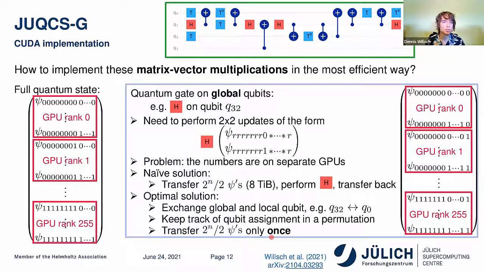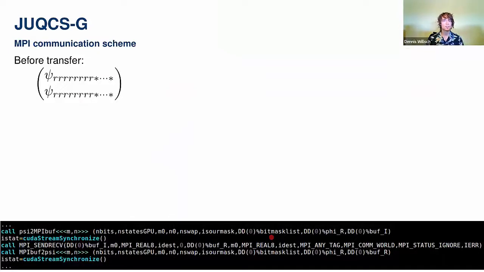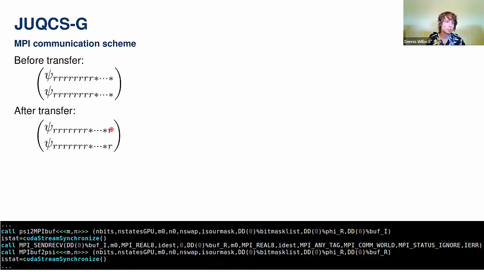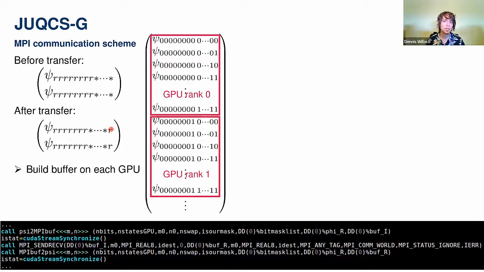So how does this look in detail? Before the transfer, we have all the complex numbers in this form. The leftmost qubits identify the number of the GPU that they are stored on. And after the transfer that we need to do, it should be like this. Then this qubit has become a global qubit, and this qubit also needs to identify the GPU that it's been stored on. We do this by building a buffer on each GPU. So we start with this situation.